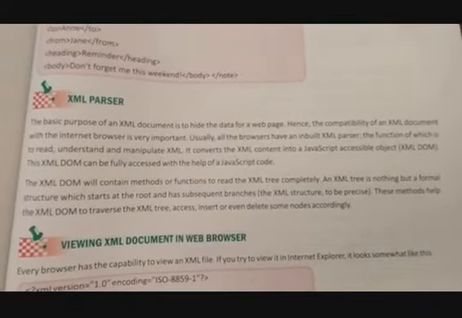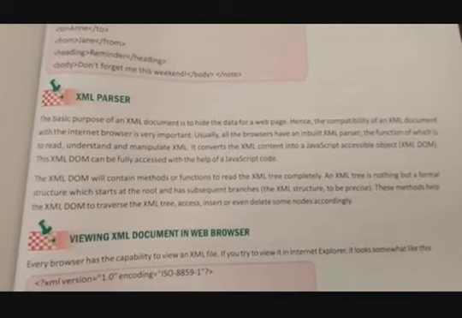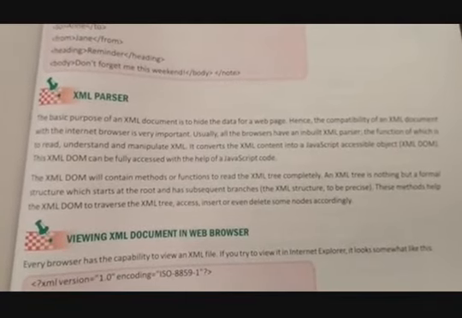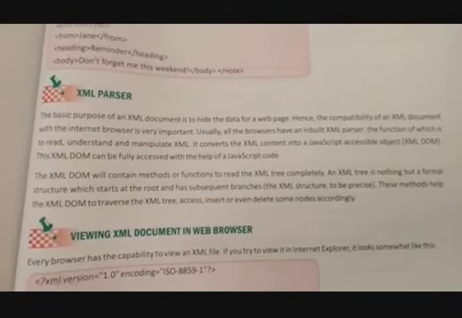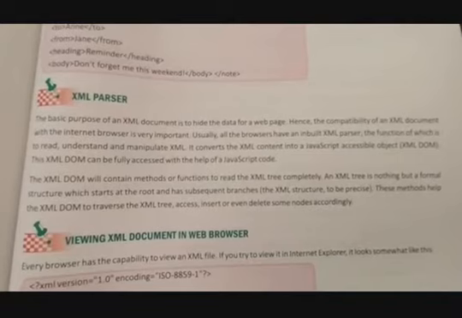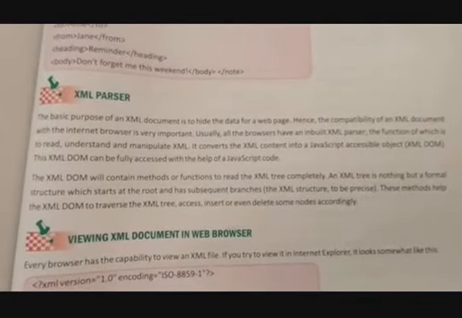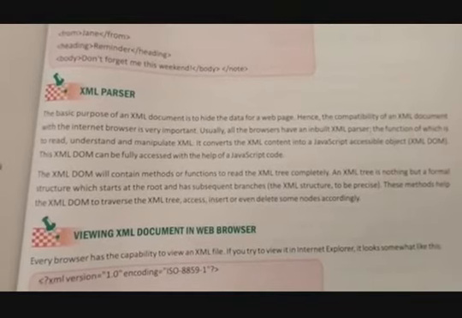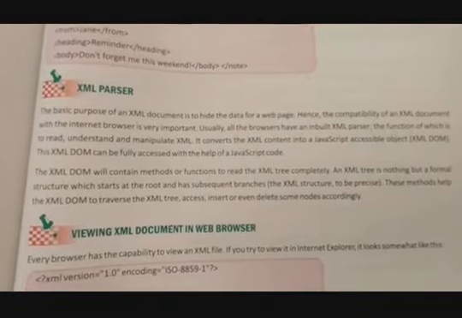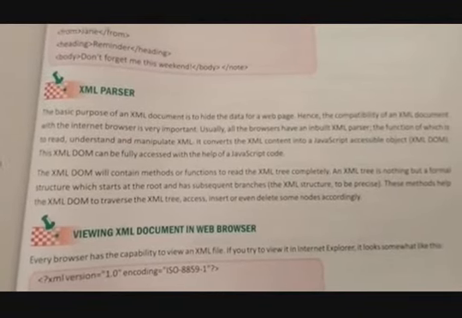That nesting of text in XML is called the XML tree, which starts from the root element, and we can define all the subsequent branches in the form of multiple texts. So these methods will help the XML DOM to traverse the XML tree, access and insert or even delete some nodes accordingly. If we want to insert some more records, or if we want to delete any record, you can use such kind of XML tree in your XML programming.